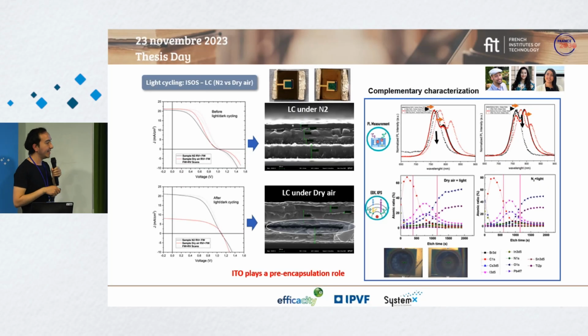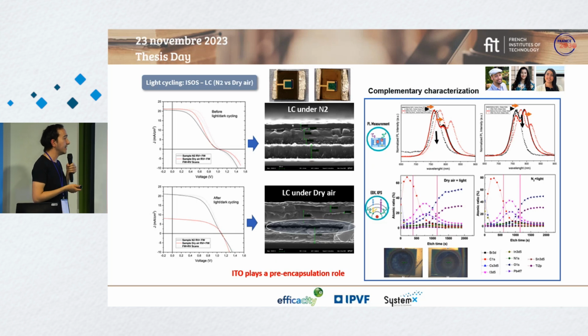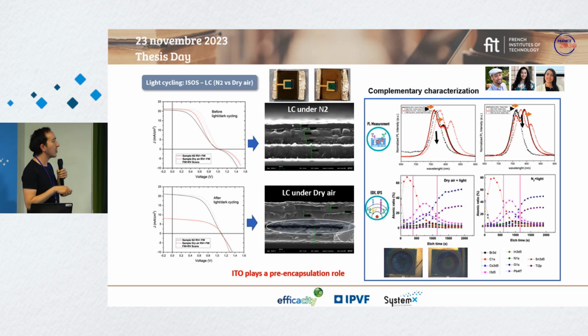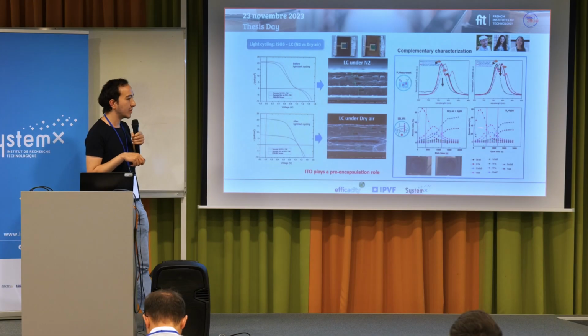And the complementary techniques that come after are, for instance, once we have some hypotheses, we try to corroborate them with this complementary characterization. So we have photoluminescence, we have XPS. In XPS, we try to see the elements. If we have some elements that were volatilizing, escaping from the device, or migrating towards one interface, we try to observe it with the XPS.